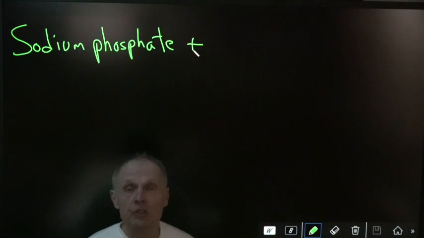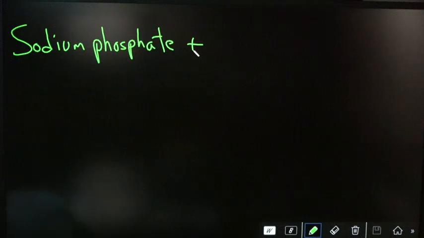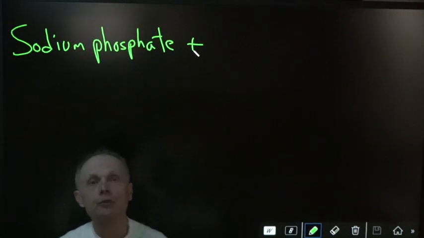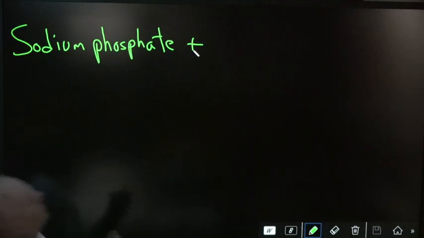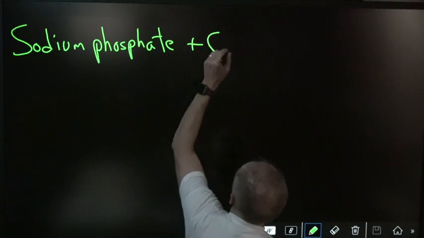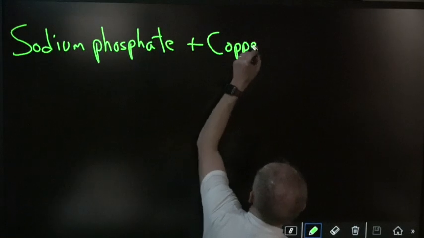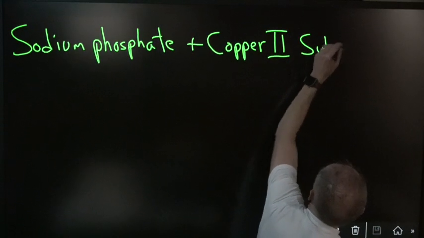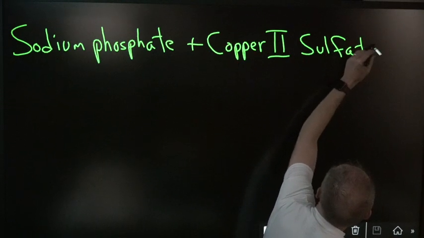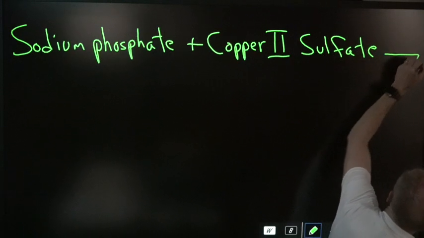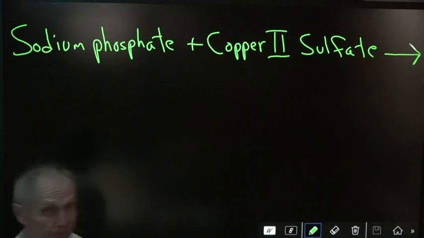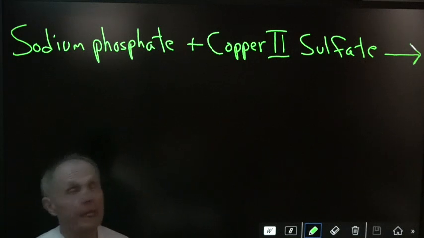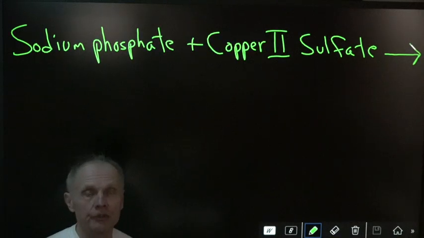And the second substance looks like this, and this is copper(II) sulfate. Before we figure out how to do a double replacement, we have to talk about these two substances.